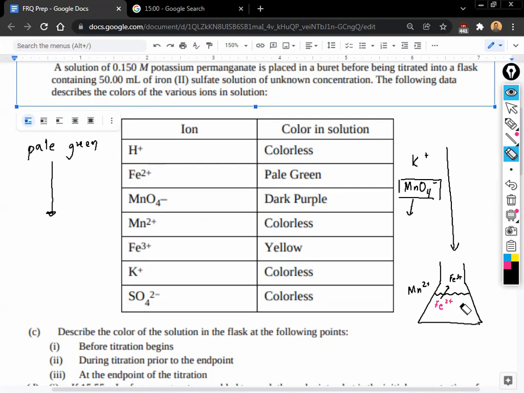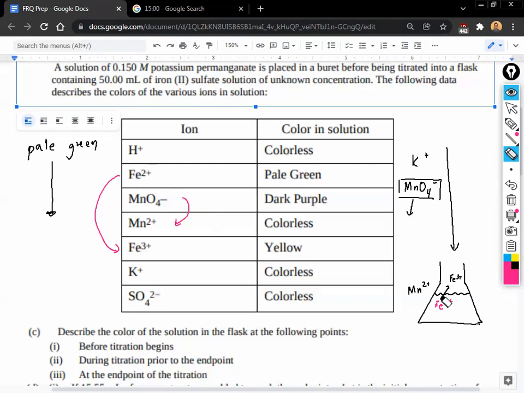If we take a look at the new products being formed, Mn2 plus is being formed, and Fe2 plus is going to turn into Fe3 plus. So if you take a look at the flask, we said that it was pale green. We added some of this dark purple stuff, but the dark purple stuff turns what? Colorless, right? And so the only colors we really care about are what happens with Fe.